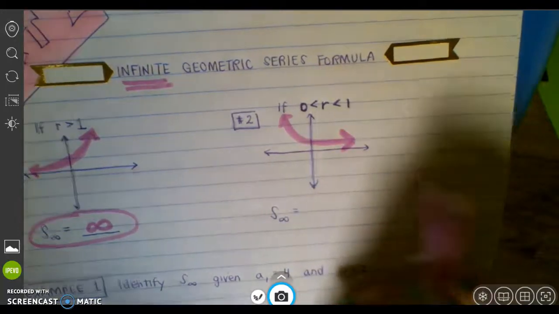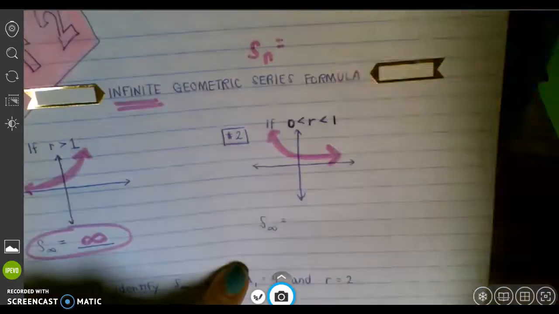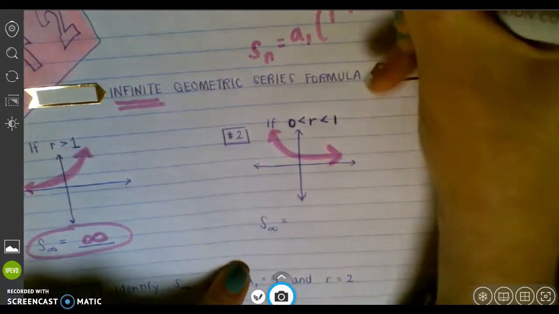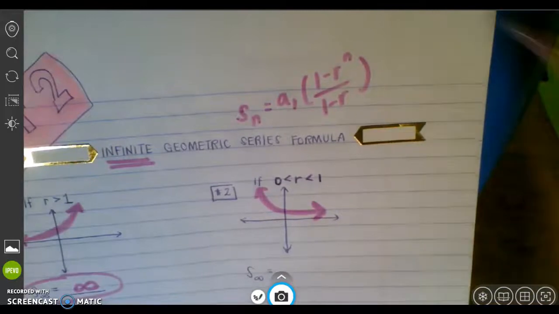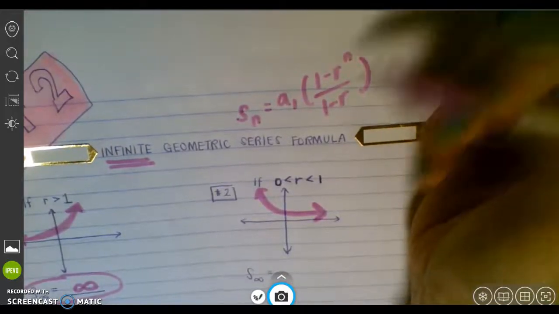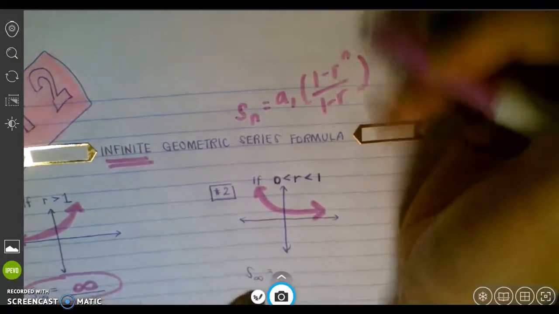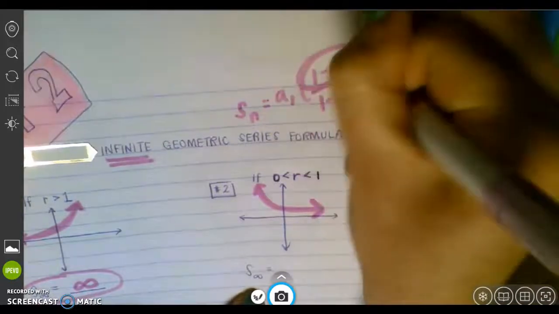So the formula, when we were just adding up any finite amount of terms, was a sub 1 times 1 minus r to the n over 1 minus r. The part of this formula that doesn't matter anymore when we're adding up infinitely many terms is this numerator in parentheses.